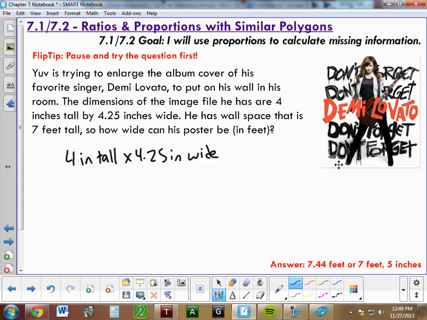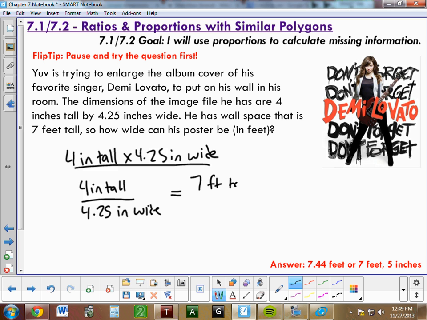He has wall space that is 7 feet tall, so how wide can his poster be? This is a ratio, 4 inches tall by 4.25 inches wide. Now I'm going to set up a proportion where I use the same dimensions for his wall, 7 feet tall, and I don't know how many feet wide I want it to be.